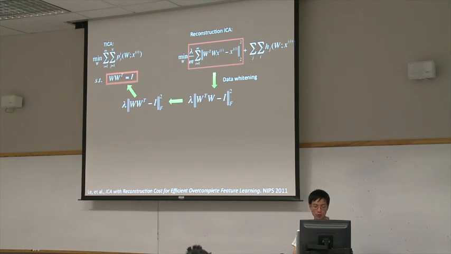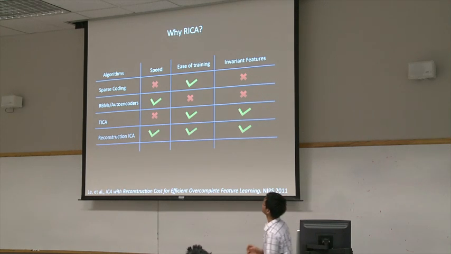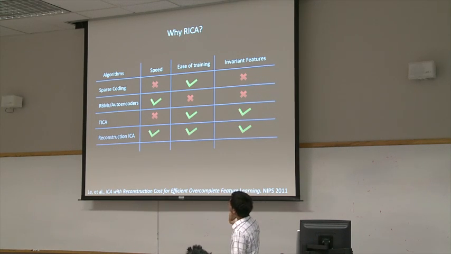Okay, so why do we use RICA even though there is a lot of connection between these algorithms? It turns out that at Stanford we work on a lot of these algorithms, and we discovered that some of them have different weaknesses.